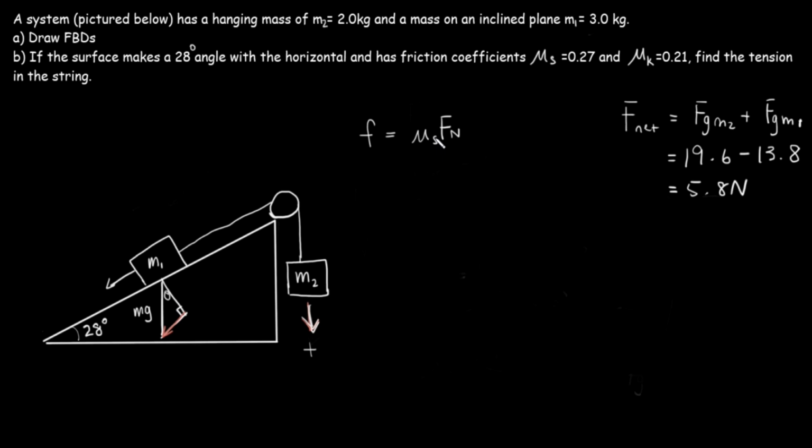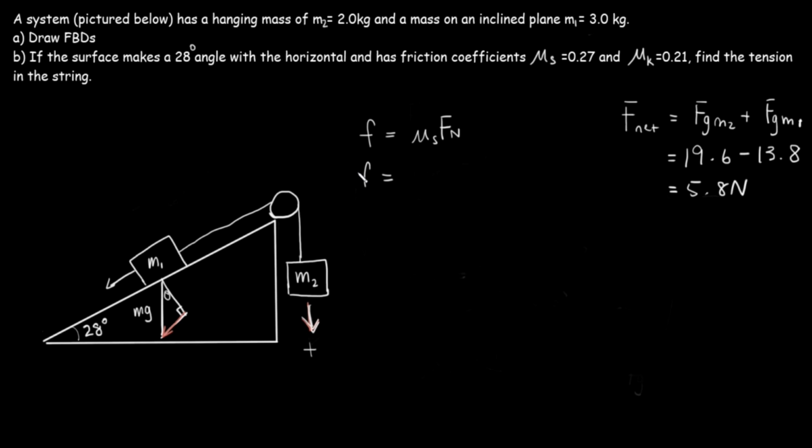If it's less, then that means we can use the kinetic mu. But if it's more, that means it's not moving, and the force of friction is making sure that the system is not moving.